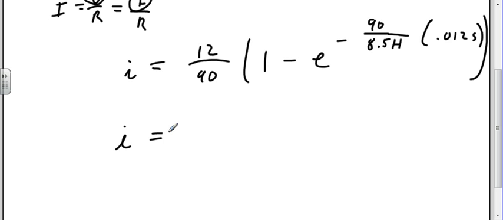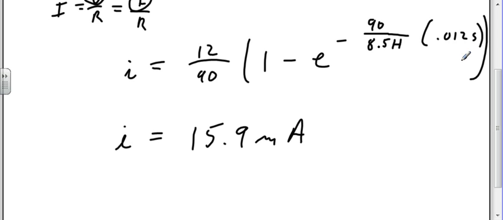Not 125. 12, close parentheses, boom. So it looks like my current is 15.9 milliamps. 15.9 milliamps at 12 milliseconds.